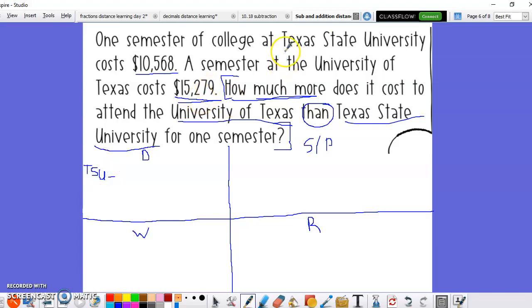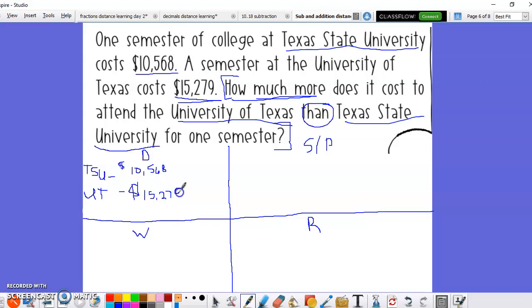And we said that this one was $10,568. And then at the University of Texas, for one semester, I see is $15,279.